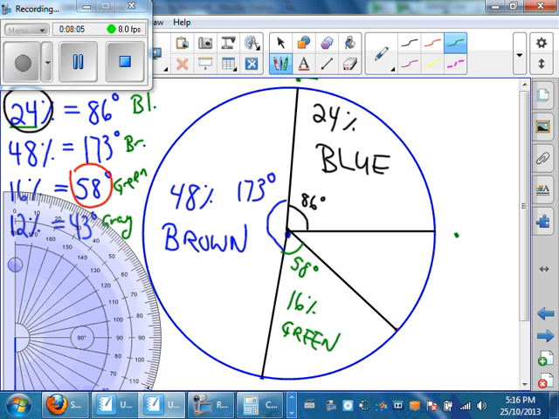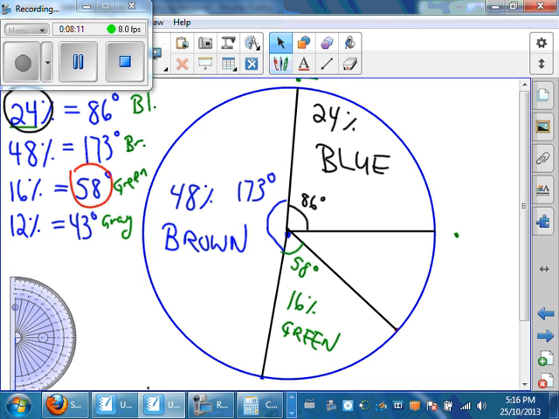Now, because we have only 4 sets of data here, we can say that there's only one chunk left in the whole circle. And since we know that all of these degrees have to add up to 360, and we've already calculated the first 3 angles, we know that whatever is left over has to be the remaining angle.